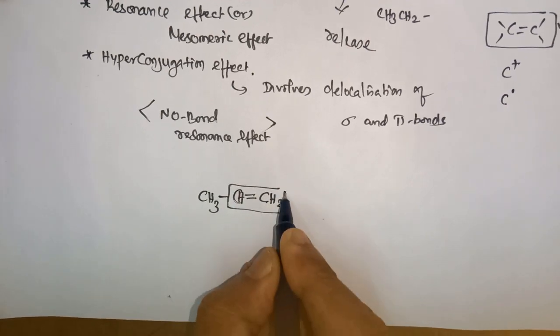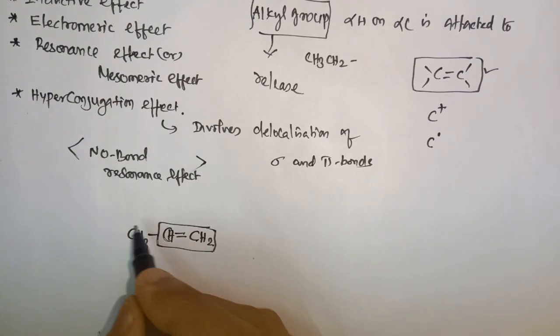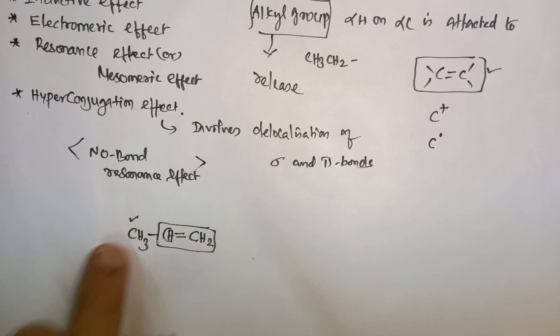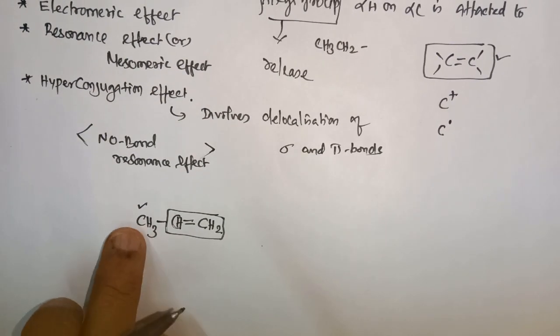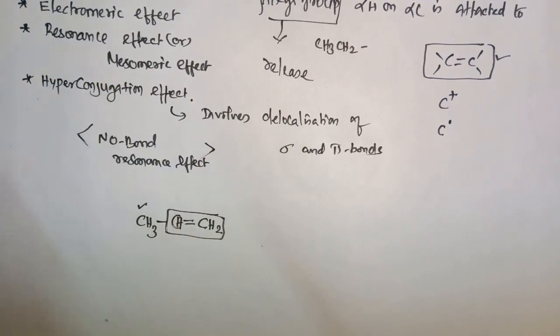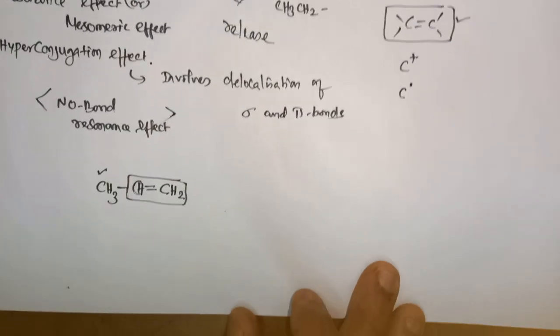This is the carbon-carbon double bond containing system. The carbon atom attached to it is called the alpha carbon. If this alpha carbon contains hydrogen, it will show the hyperconjugation effect. Then I will tell you how it shows the hyperconjugation effect.